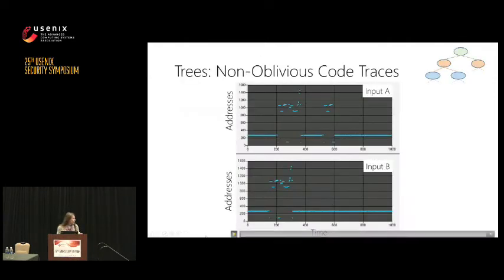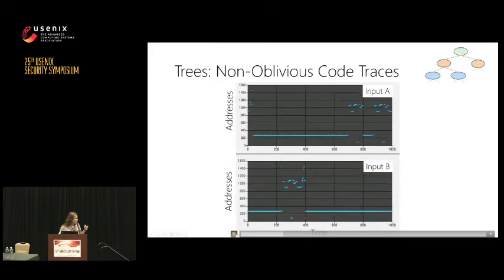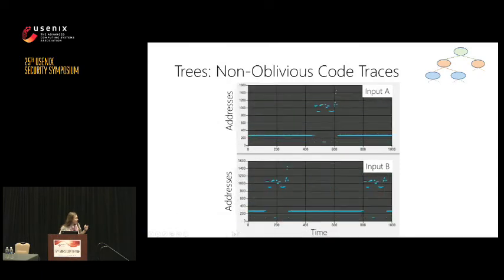Okay, so here we have two sets of inputs, input A and input B. On the x-axis we have time, and the y-axis is the addresses. The blue points are whenever we make an access. So they're quite interesting, I guess. Looking at them, we can make several observations.